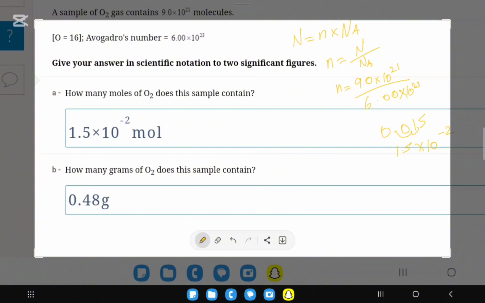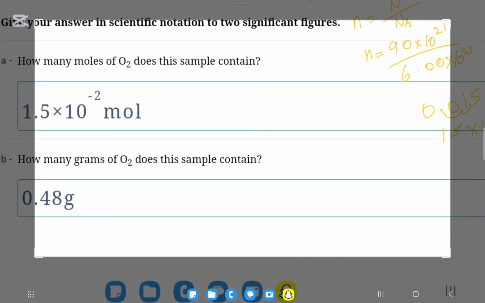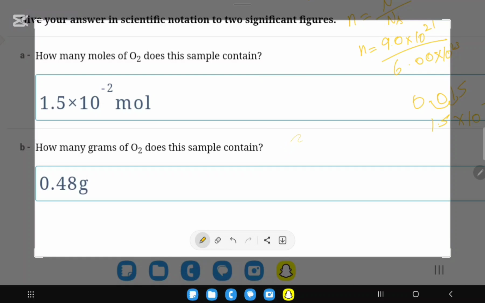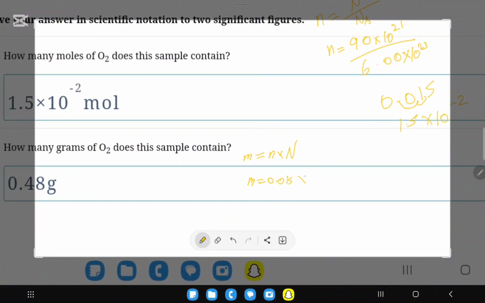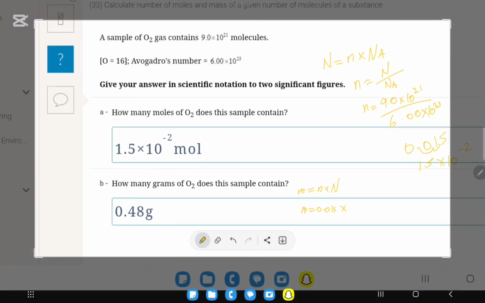How many grams of O2 does this sample contain? So we got the moles of O2, so now you need the grams. We have mass in grams is the number of moles times the molar mass. So we have the number of moles 0.015 times the molar mass.